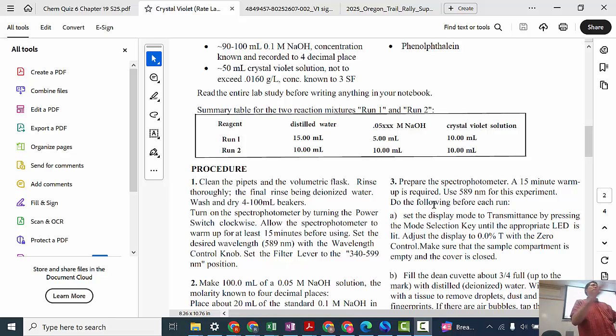So we want it to be about the right amount. The right amount is going to be actually, I was wrong last time. I said about 30 minutes, but it's less. It's more like 15 minutes. 15 minutes for the slow one and even shorter for the fast one. So what we're going to do is a 1 to 2 dilution of our sodium hydroxide. This is why they gave you a 100 milliliter volumetric flask. The 100 milliliter volumetric flask was to dilute the sodium hydroxide by a 1 to 2 dilution.